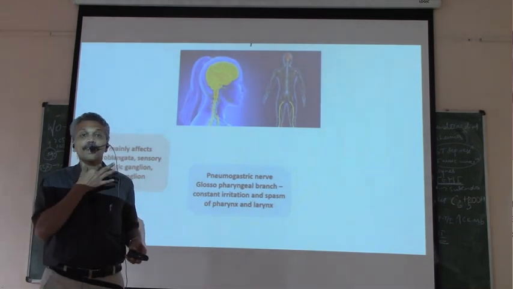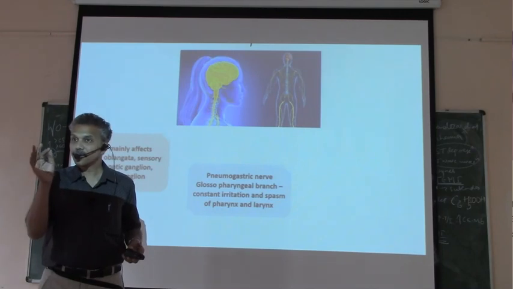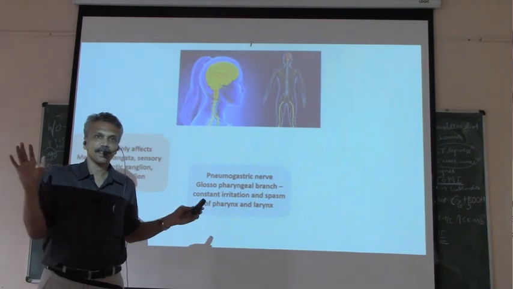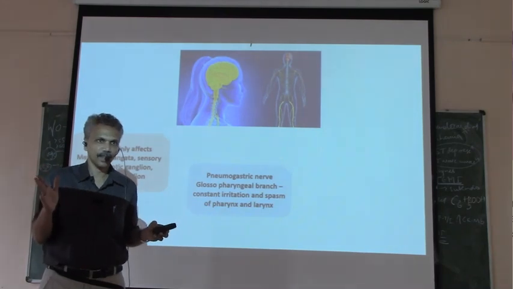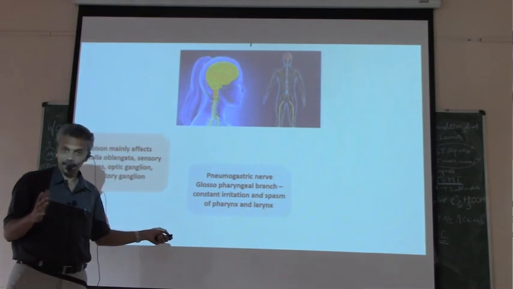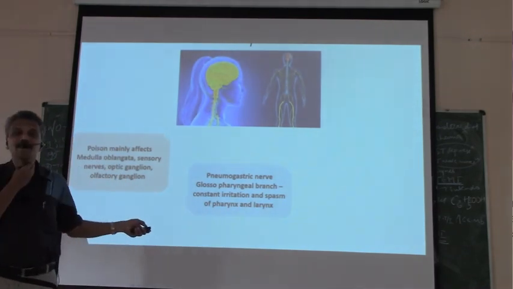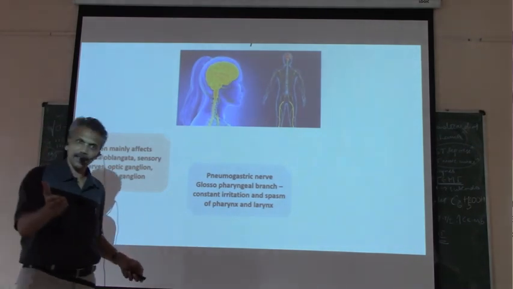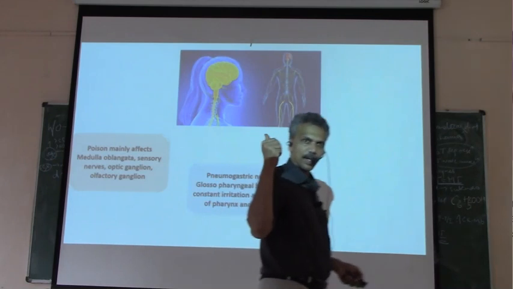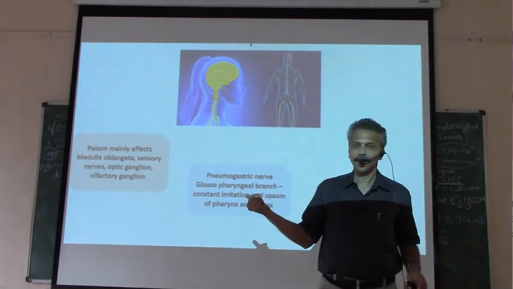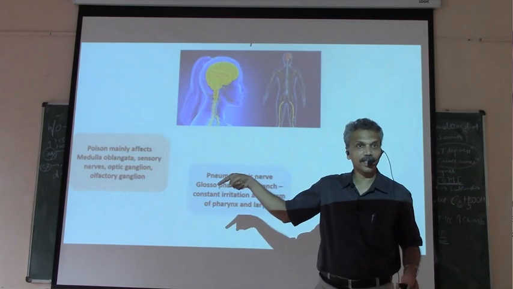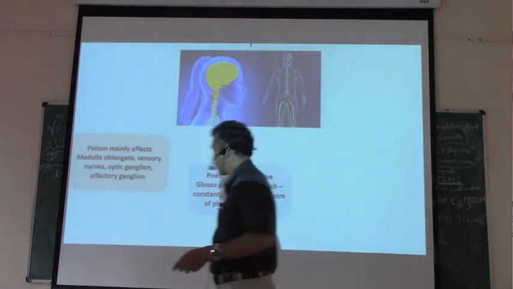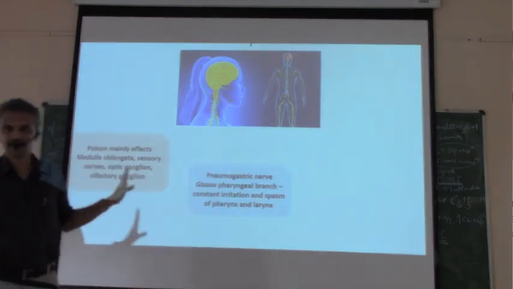No, he will hold the neck, because this is the most sensitive area even in a snake. When you hold it, it can't move or it can't do anything. Fine. So even doctrine of signature, you see that neck is a very sensitive area in the snakes. So a person requiring Ophidia, it is also observed in proving, and it is confirmed from the poisoning that the glossopharyngeal branch of the pneumogastric nerve is very sensitive.